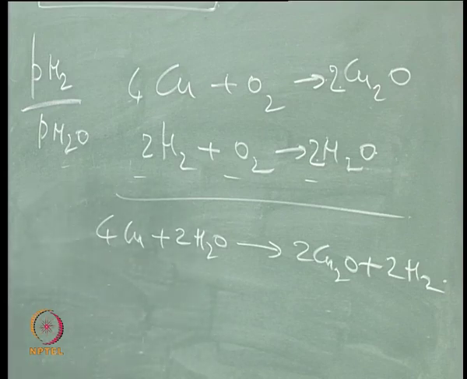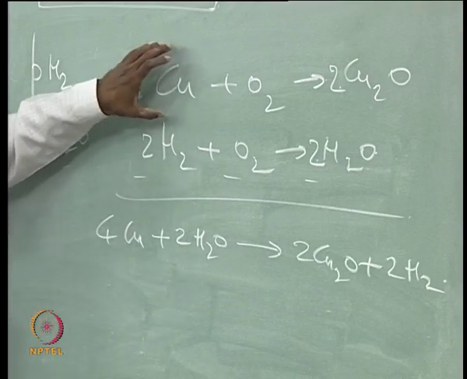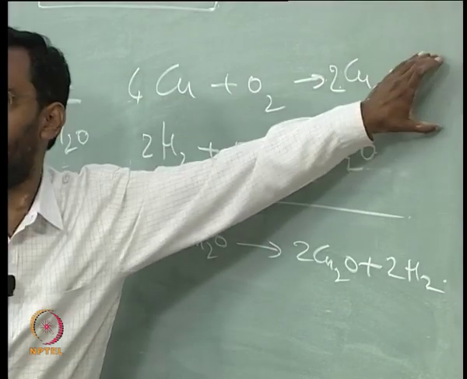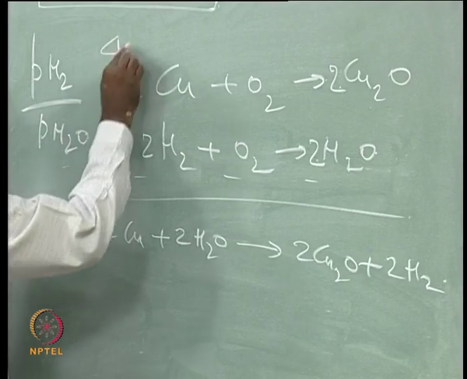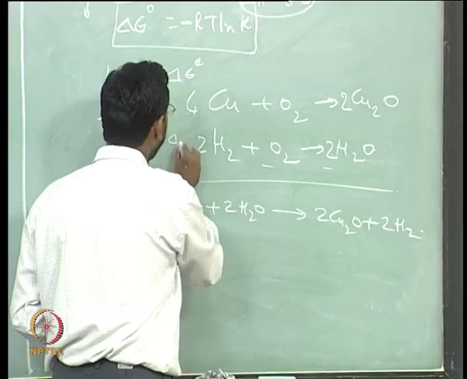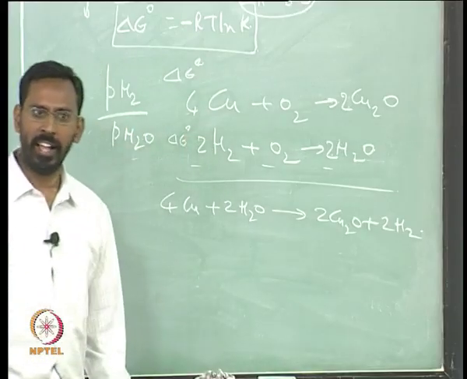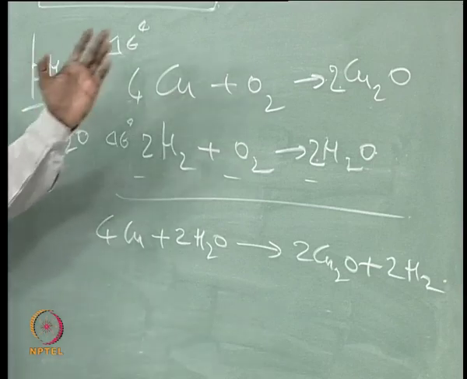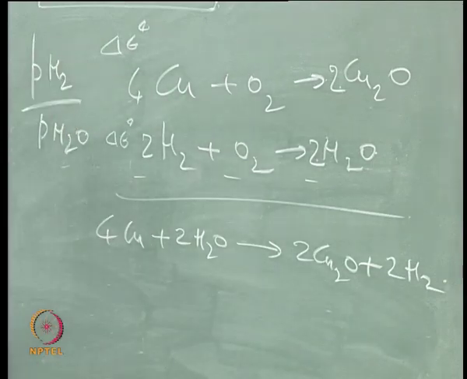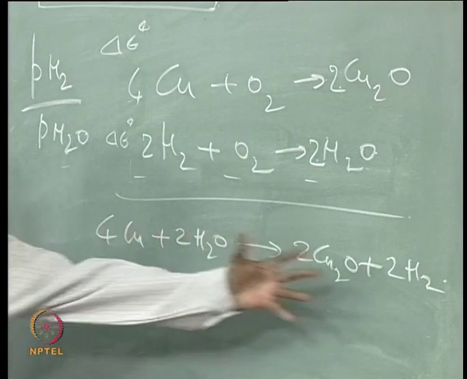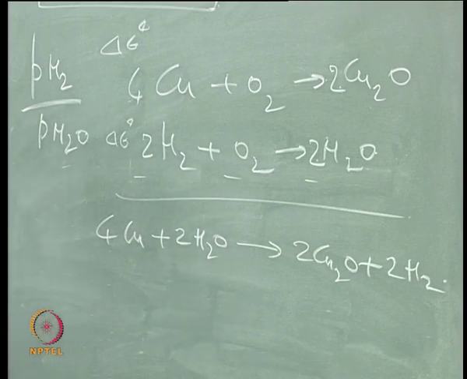If you look at the equilibrium constant for this, for example, if I know the free energy change, delta G naught, for this reaction, and I also know the delta G naught for that reaction, let us say as a function of A plus BT kind of thing, then by adding those two or subtracting one from the other, I will be able to know the delta G naught for this reaction.